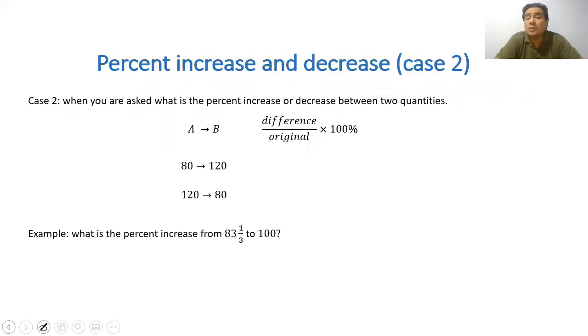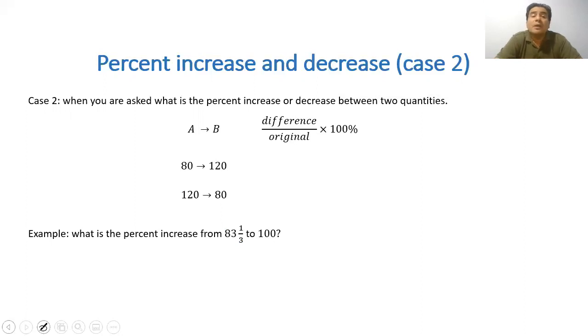So what you can do is calculate the difference, divide by the original and multiply by 100 so that it doesn't remain as a fraction. You can take the positive difference always, knowing that you are going to increase or decrease. Sometimes the exercise, actually most times, they even tell you percent increase or percent decrease. So you know if it is about increase or decrease.